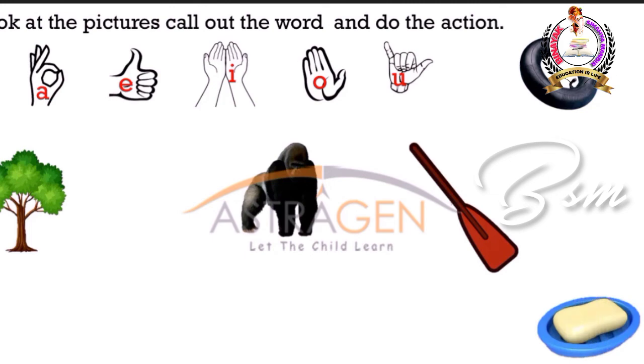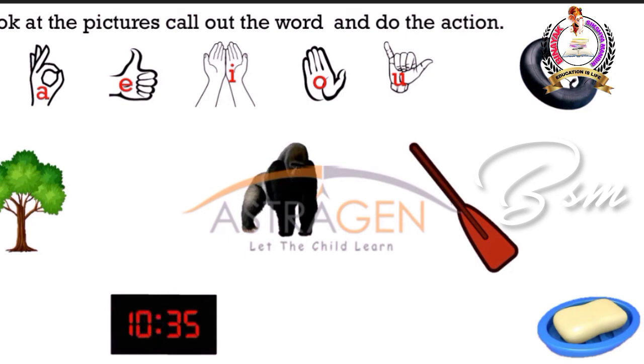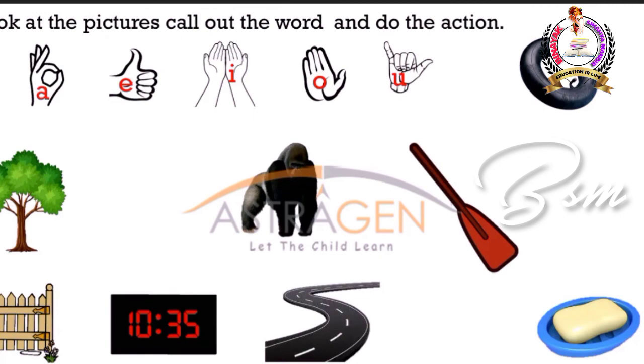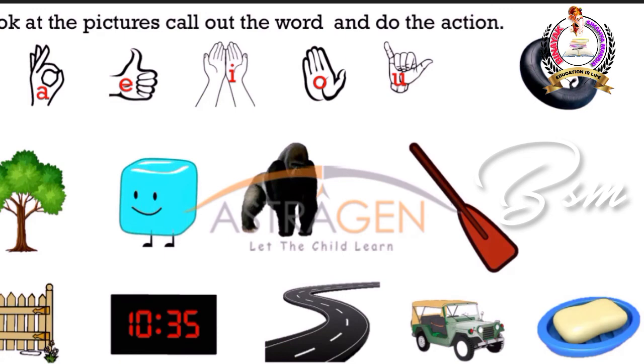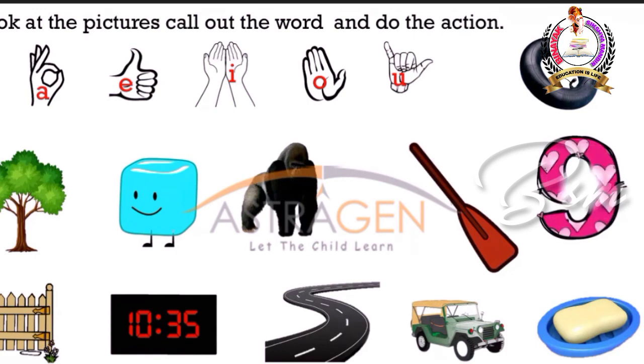Soap, again O, hand up. Time, I, both the hands. Gate, fantastic. A, road, that's a O. Jeep, thumbs up. Cube, U. And 9, both your hands.